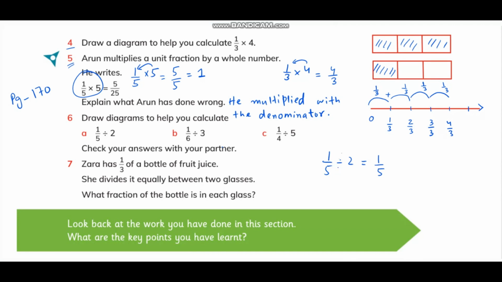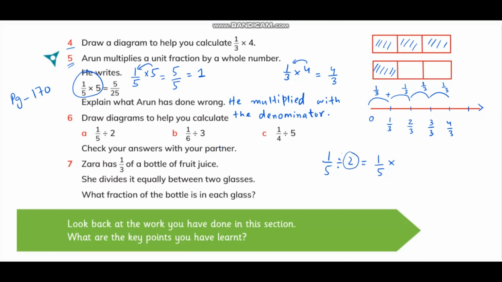So you have to change the sign of division into the sign of multiplication. Do you understand? And one thing that you have to change is, you see, this is 2 by 1.